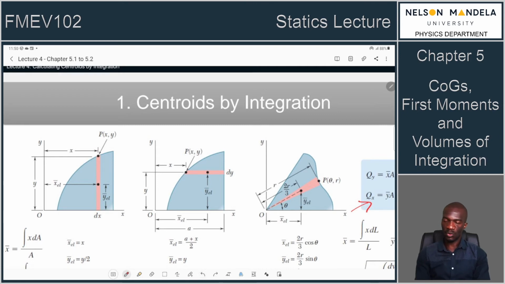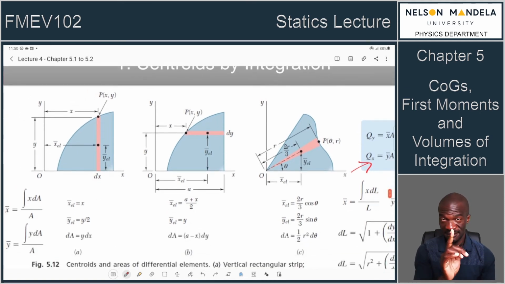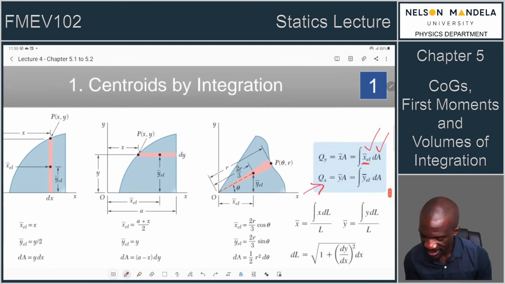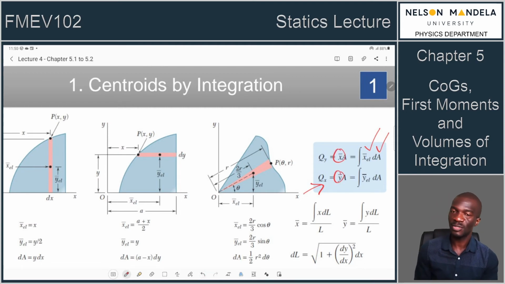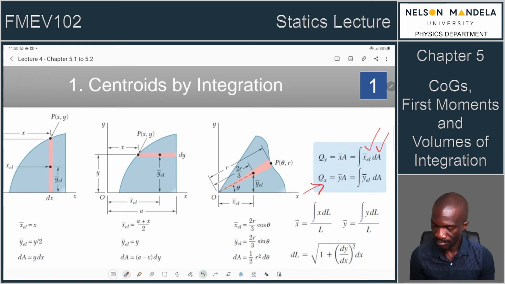You can choose a horizontal strip as shown in the second figure, or a sectorial strip as shown in the third figure. So remember the objective. The objective is to define x element, define dA, or define y element and define dA in order for you to find either the centroid or the first moments.